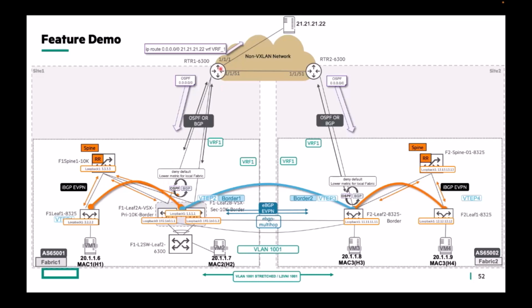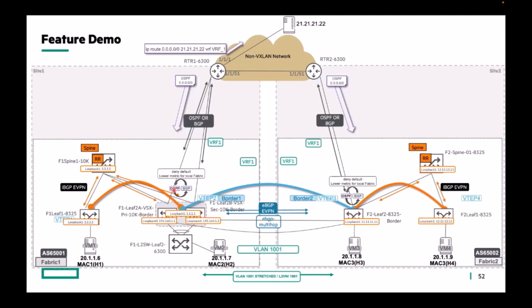This router has a static route pointing to one of my VMs, which has the IP 21.21.21.22. Just remember this IP, that's a VM. Consider this as the internet. And I have router 2 here, which is the WAN router for fabric 2 and its own border VTEP 2.